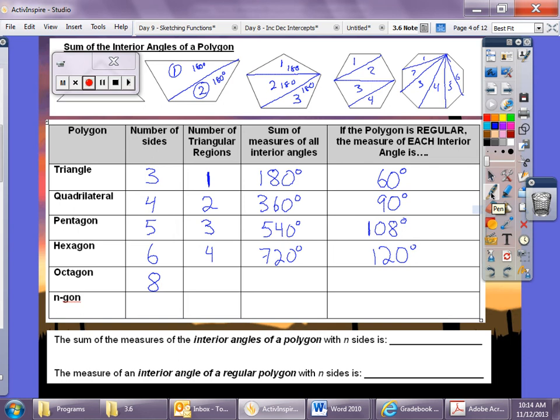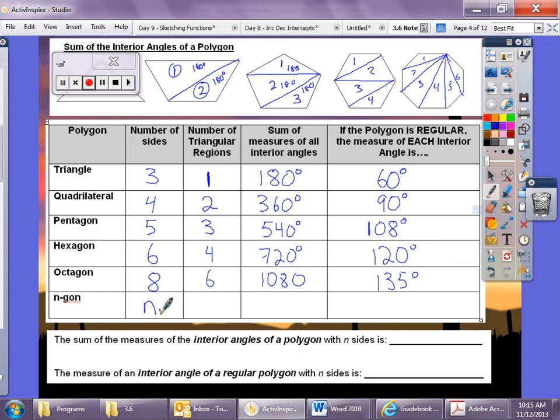If each one is 180, we get 1080. And then the measure of each angle is going to be 135 degrees. So what we're saying is an n-gon, the number of sides an n-gon has, is n sides.